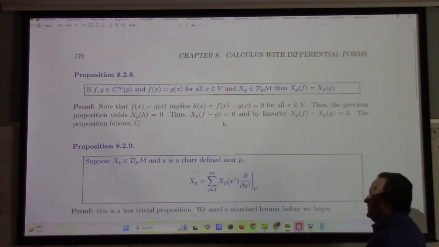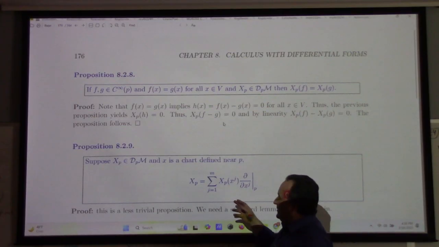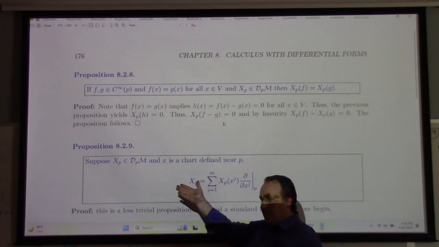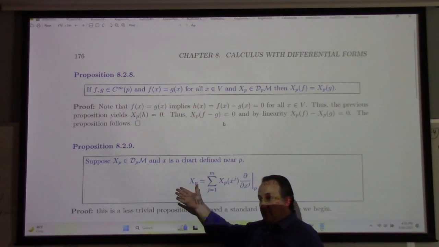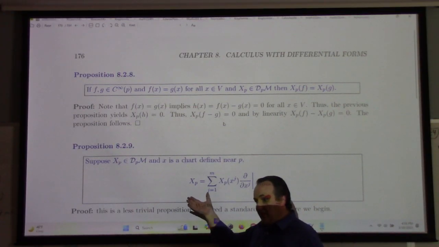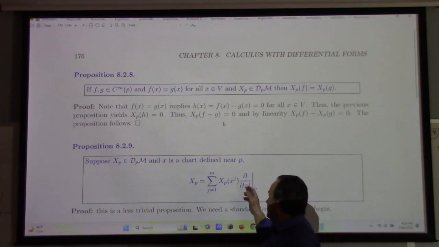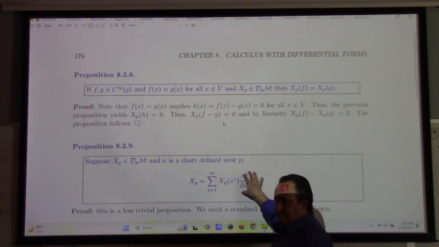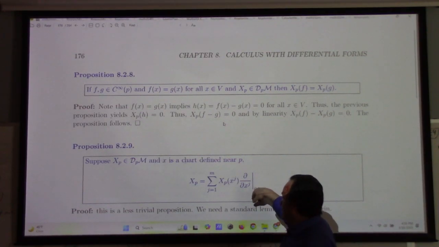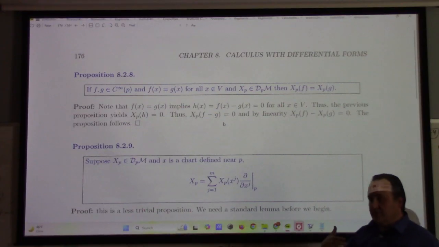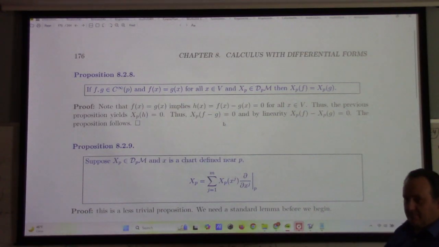And this is kind of the big proposition, which says that if you have a derivation, you can rewrite it as a linear combination of the partial derivatives we just introduced. What that means, because we're going to be able to prove that these are linearly independent, is that they're a linearly independent spanning set for the set of derivations. The partial derivatives with respect to the coordinates form a basis for the derivations.